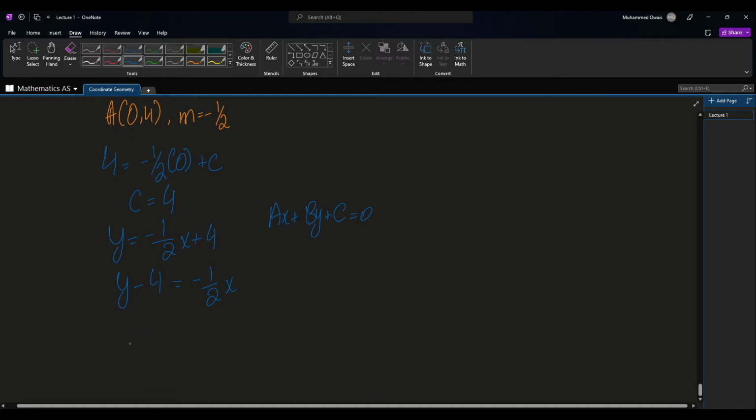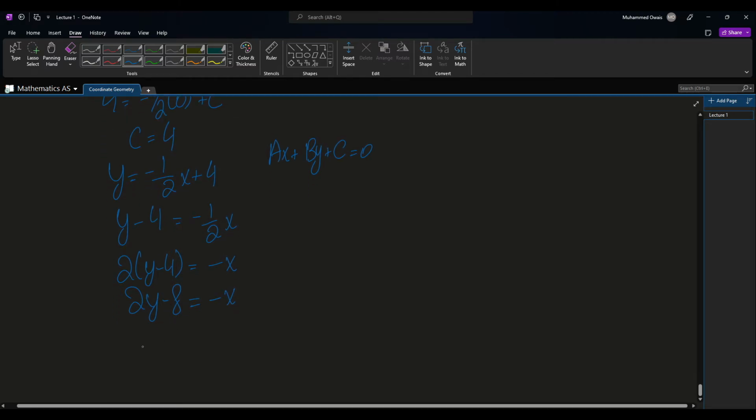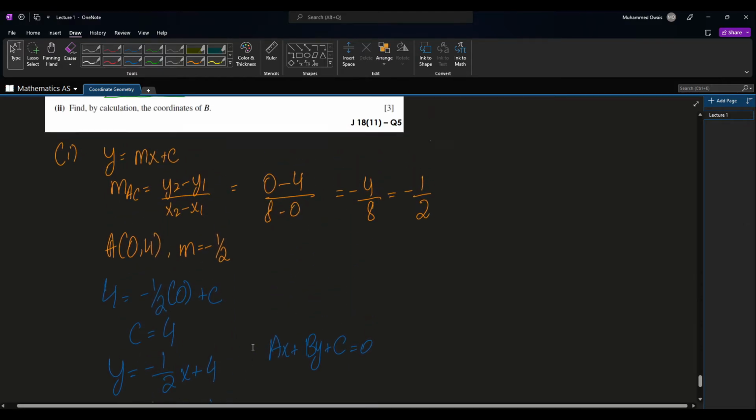Take this 2 over to that side. This becomes 2y minus 8, not minus 4, minus 8, equals minus x. I can bring that x over to that side. x plus 2y minus 8 equals 0. This is its normal form.